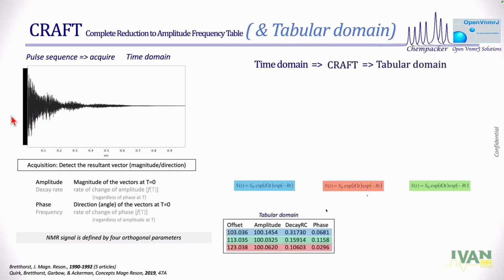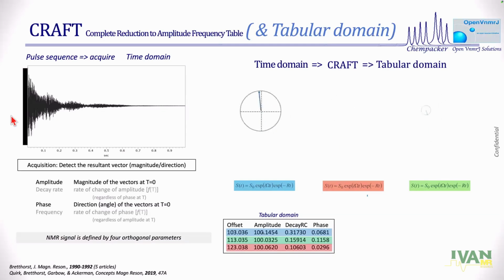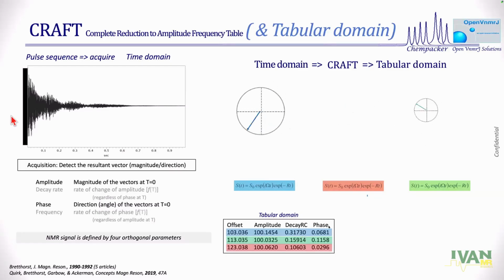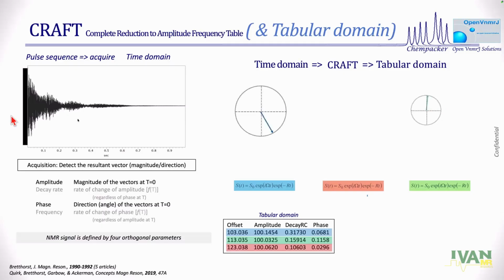But what we say these equations are is really a table of four parameters: the amplitude, the frequency offset, the decay rate constant, and the phase. This is what describes those three magnetizations that are spinning around, and they go back and forth because I'm pulsing, if you imagine that I'm doing a time average there.